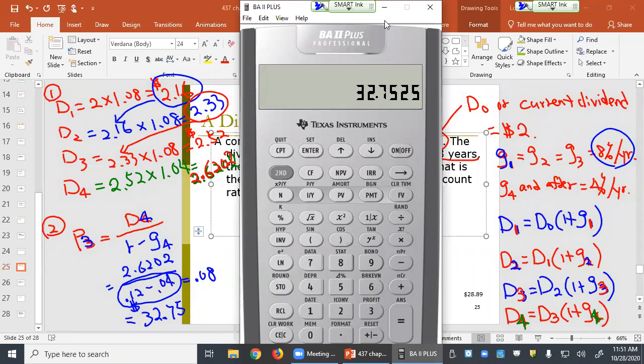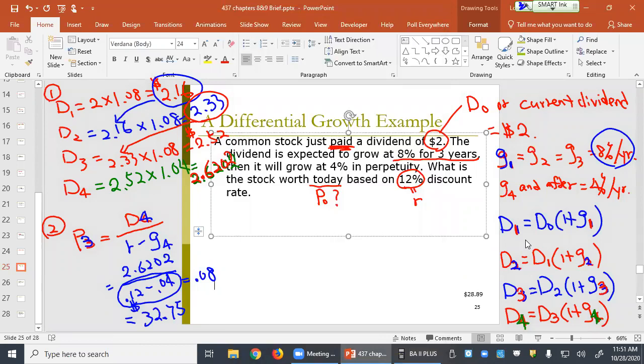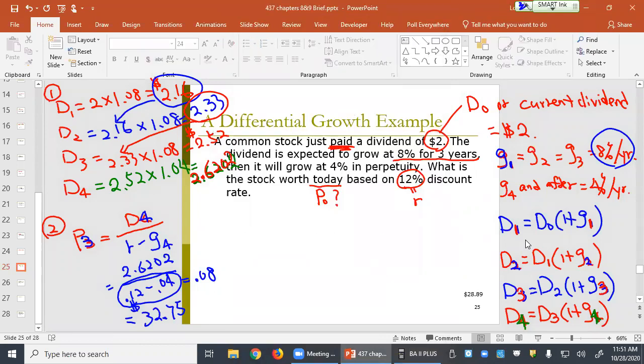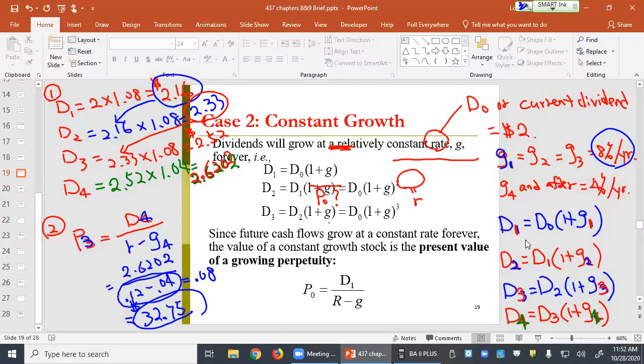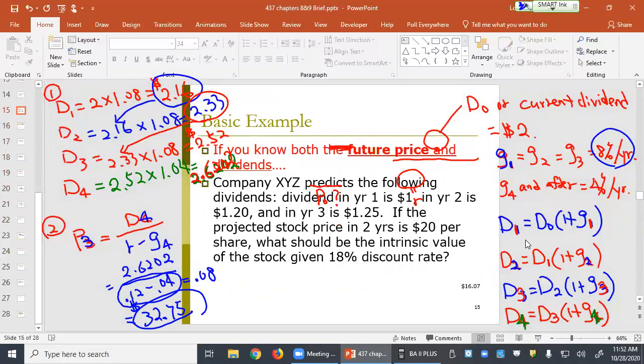So now we go back to the very first numerical example that we covered in this chapter, which tells us that if you're able to obtain both dividend and stock price information for a future date, in this case if we're able to find out what your P3 is, we will assume that we sell our stock at the end of year 3. That example is not the exact same numbers, but it is on slide number 15.